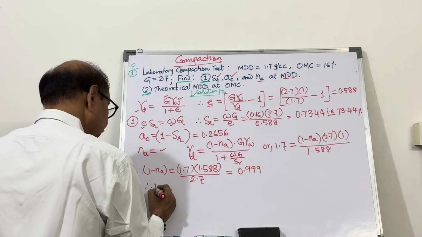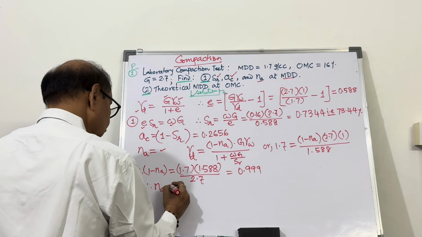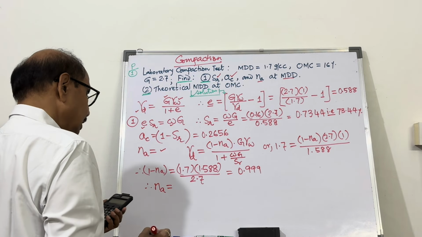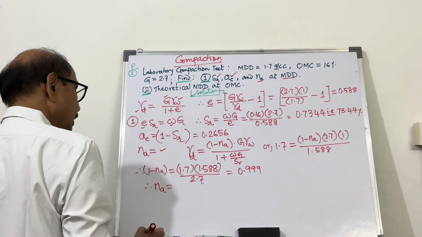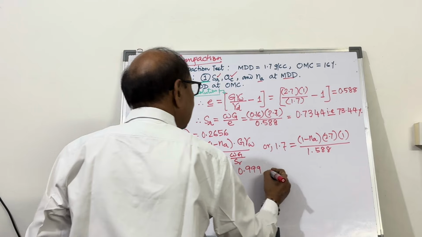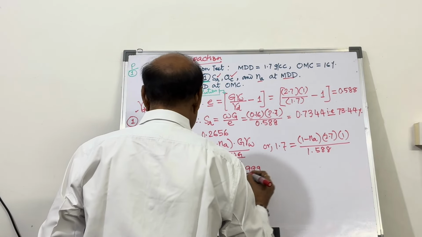Na, the percentage air voids, should be in percentage.